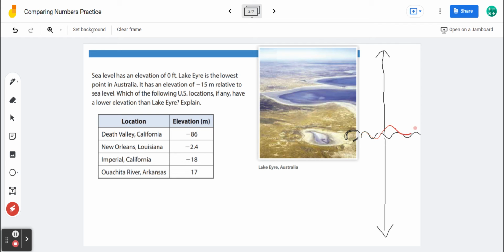So if this is 0, Lake Erie is 15 meters below. So I'm going to put it right here. We're going to say this is negative 15. That's the location of Lake Erie. I'll put a blue dot. Lake Erie is blue.